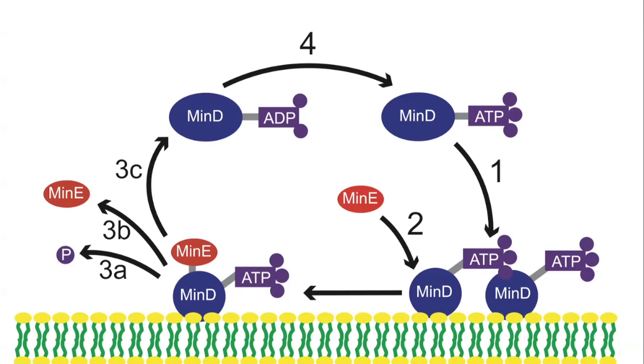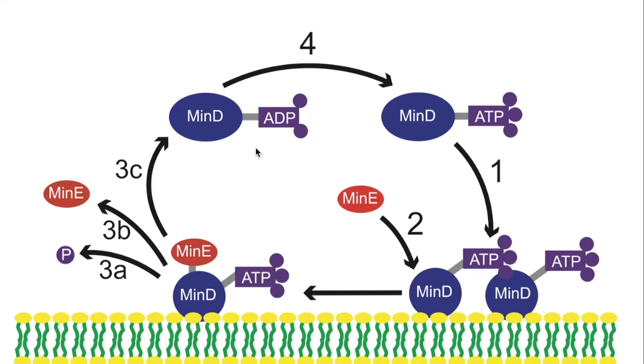So one system I want to highlight in a bit more detail, I mentioned it in one of the previous classes, is the Min system. So you're looking at a schematic overview of the processes that are going on. So you see there are different proteins. There's MinD and MinE. And at the bottom, you see a cell membrane in yellow and green.